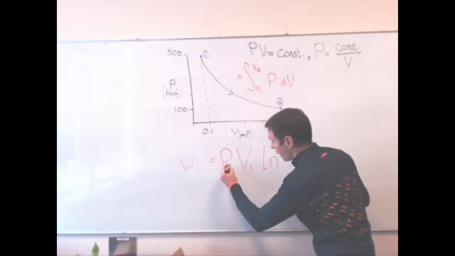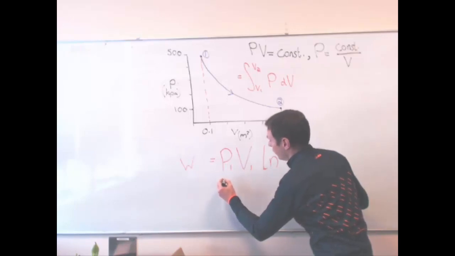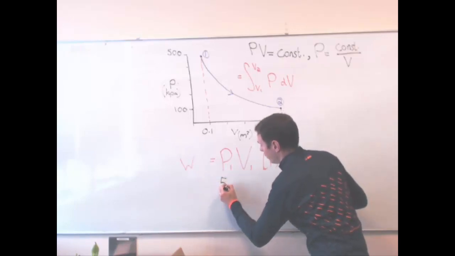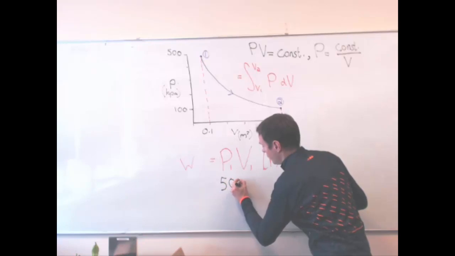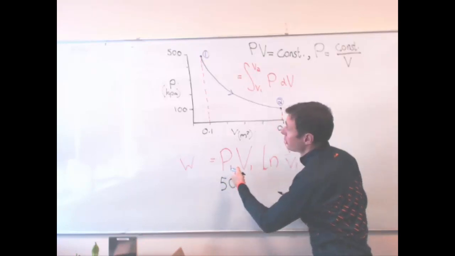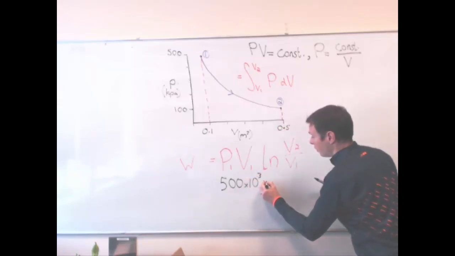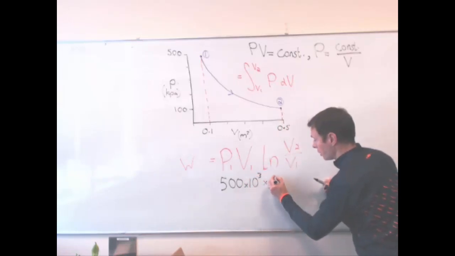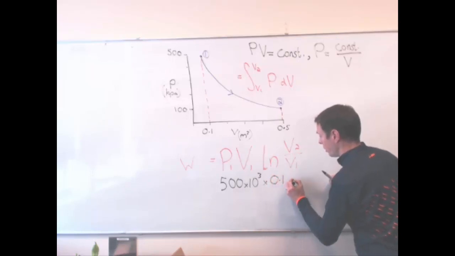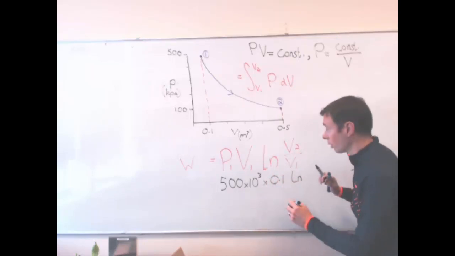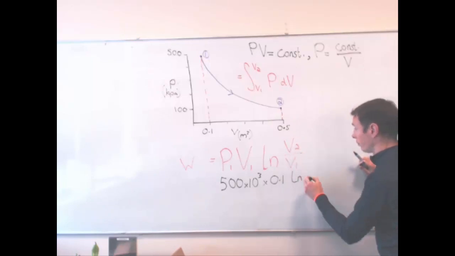So just quickly working that out. We've got 500 kilopascals times V1, which is 0.1, times the natural log of 5.